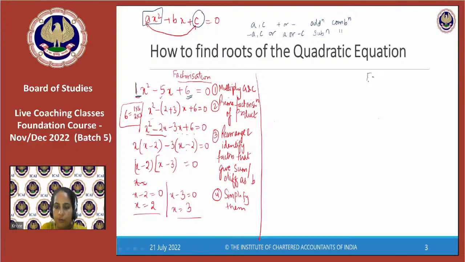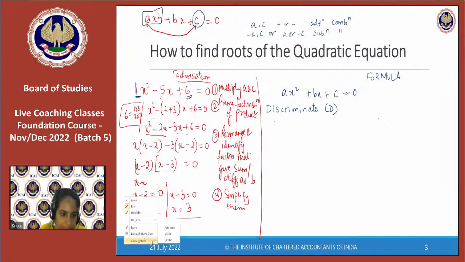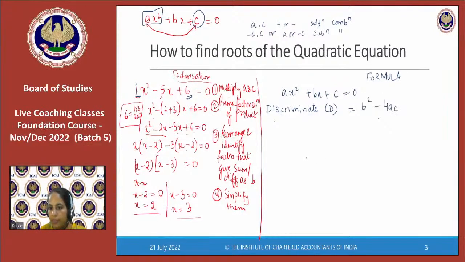So using the formula, if the equation is ax square plus bx plus c equals 0, the first thing that we need to find out is known as the discriminant. Discriminant is D. The discriminant can be found by using b square minus 4ac as a formula.